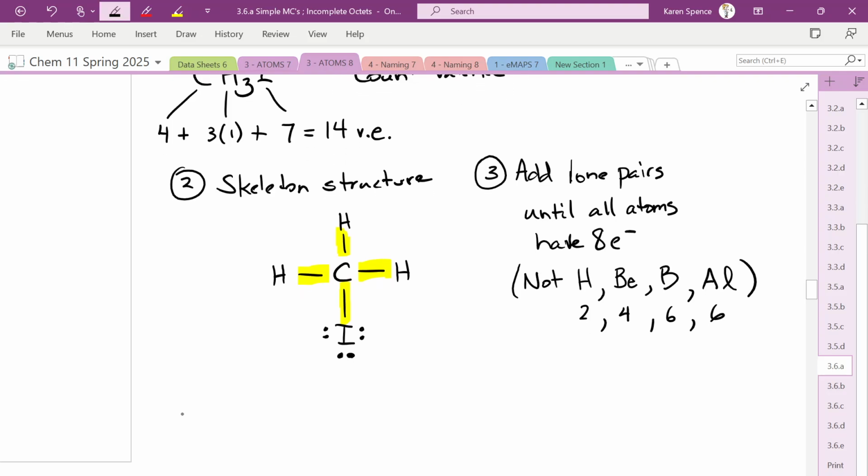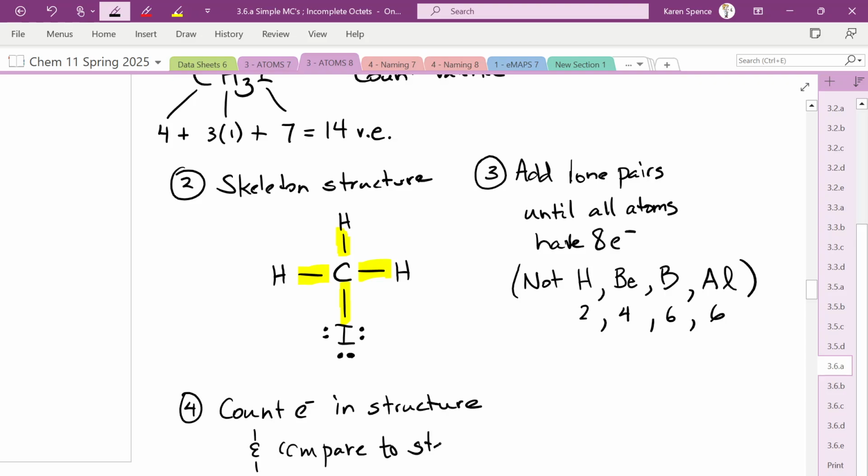And step number 4, we count the electrons in the structure and compare to step 1. So let's count the electrons in the structure.